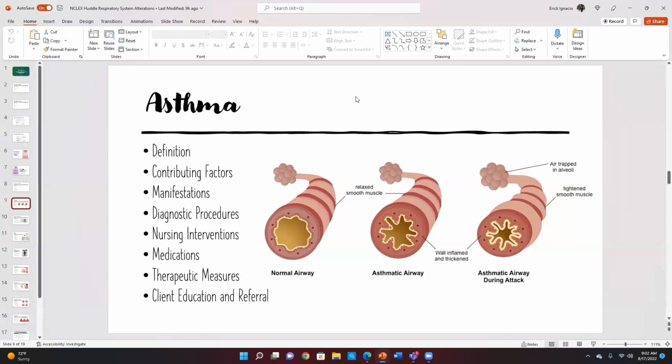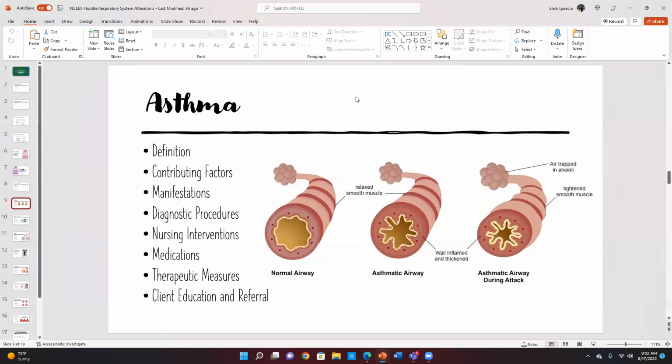What are the manifestations of our asthma patient? Well, they can have sudden severe dyspnea, difficulty breathing with the use of their accessory muscles. You may note nasal flaring. You may note retractions. The muscles in their neck will be more evident as they're struggling to breathe. They will have labored breathing. They'll be sitting up, leaning forward.